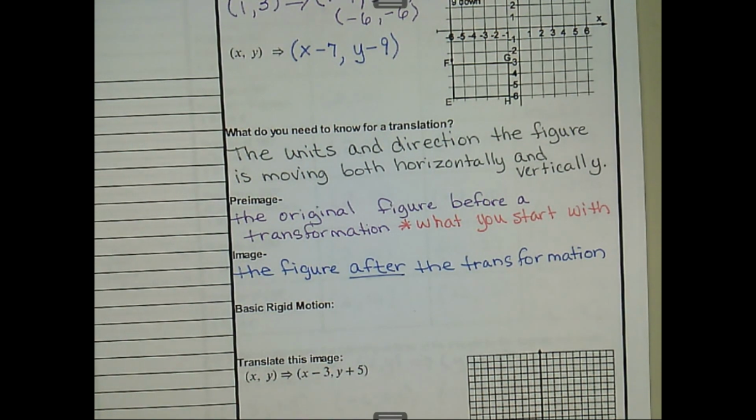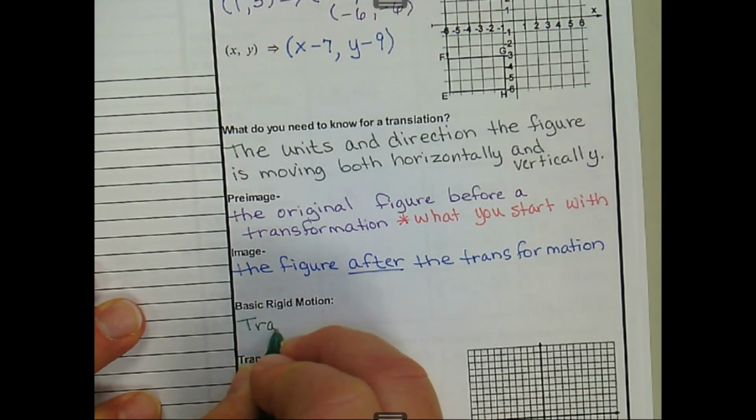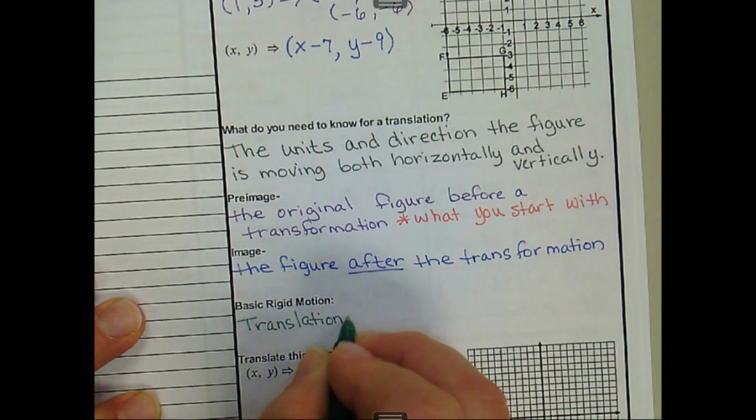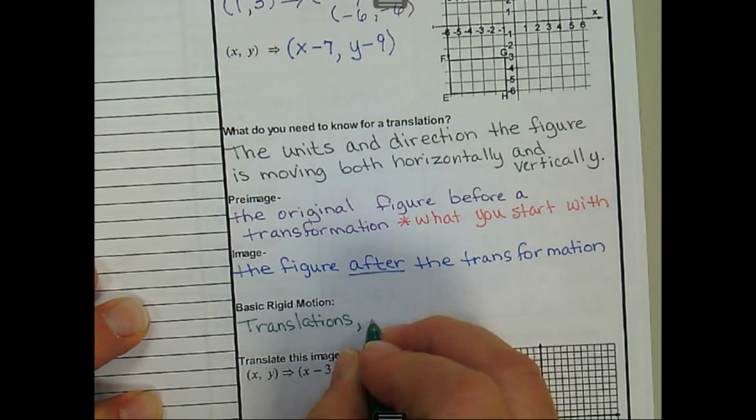Basic rigid motions. There's 3 of them, and you can also do a combination of the 3. So, translations, rotations, reflection, or a combination of these 3. Translation is picking it up and moving it.